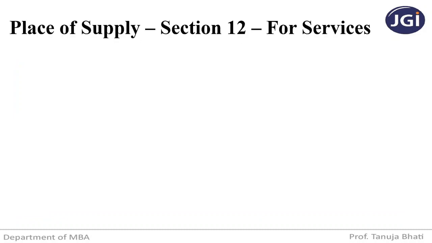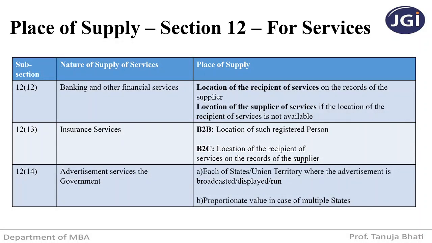Moving ahead. Now in section 12, we have to see case number 10, 11 and 12. So case 10 is covered under section 12 subsection 12. If any services relating to banking or other financial services, the place of supply will be the location of the recipient of service on the records of the supplier.